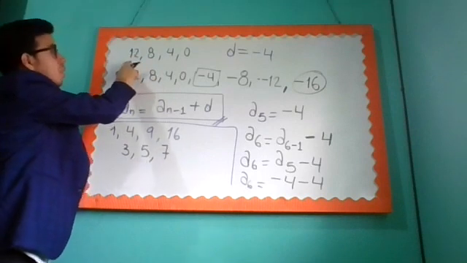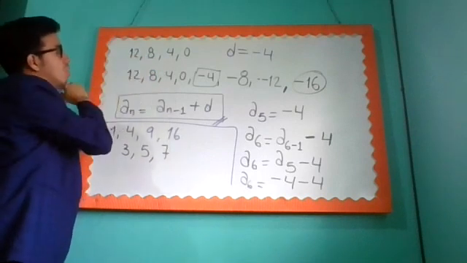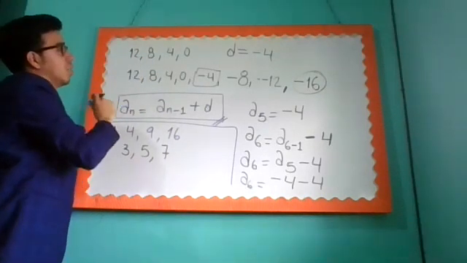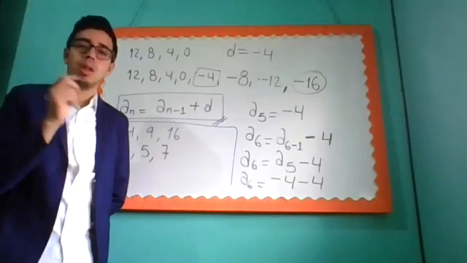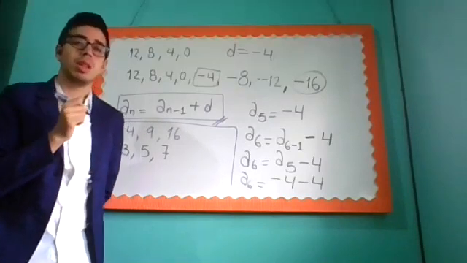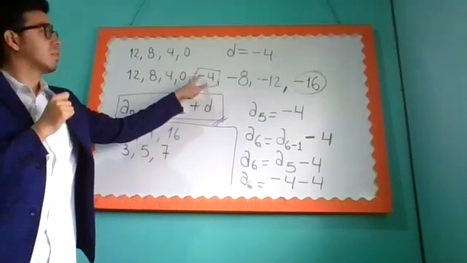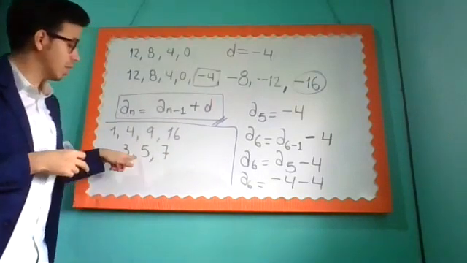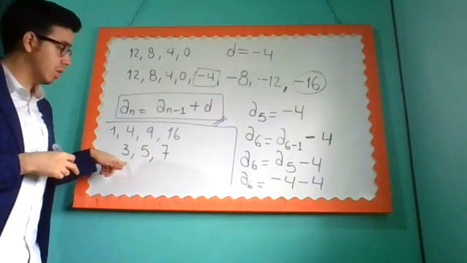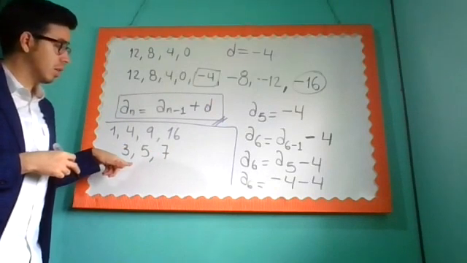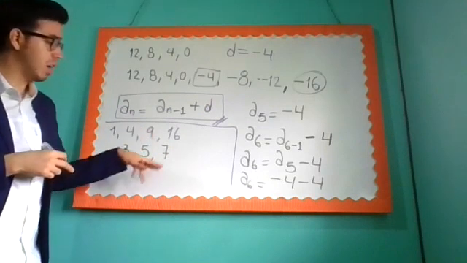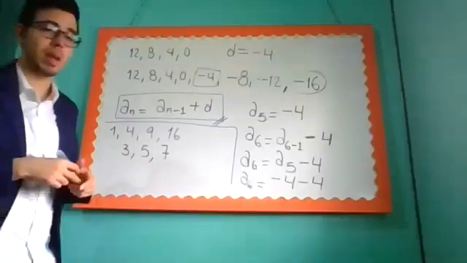So if you subtract 12 minus 8, you obtain 4. 8 minus 4, you obtain 4 again. But it's decreasing, so we place the negative, remember, it's negative. So that's the reason why I obtained the common difference was negative 4. But in this case, they are not the same difference, okay? The difference from here is 3, the difference in this is 5, the difference in here is 7.